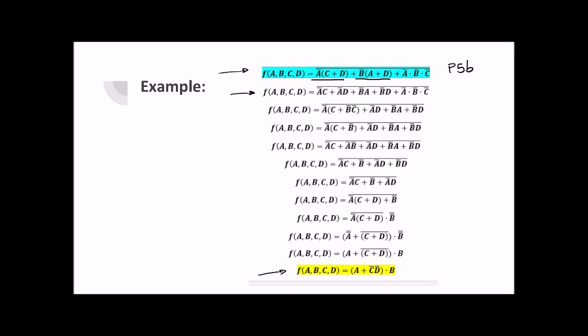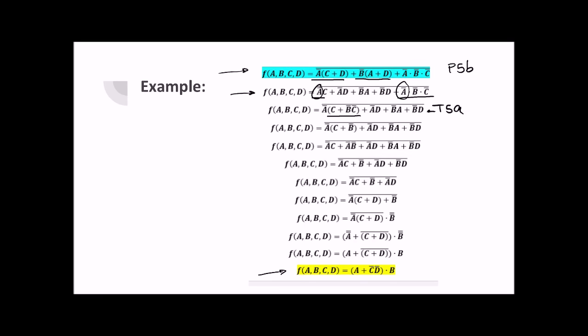Then we group these two expressions and factor the term they have in common, which is a inverted. As a next step, we apply theorem 5a in this expression and then apply postulate number 5b again.